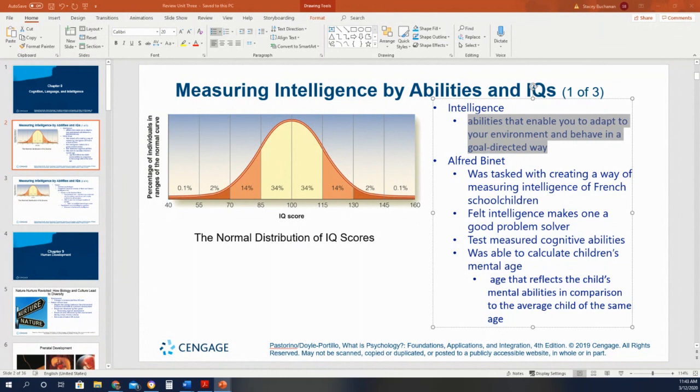When you measure intelligence and your ability to adapt to the environment, say, for example, I'm going to stop sharing my screen for a moment and pull up the whiteboard. So how do you behave in a goal-directed way? There's a couple ways you can.